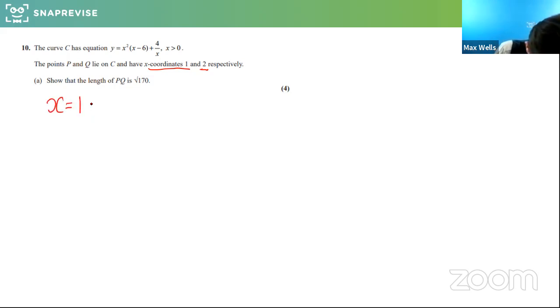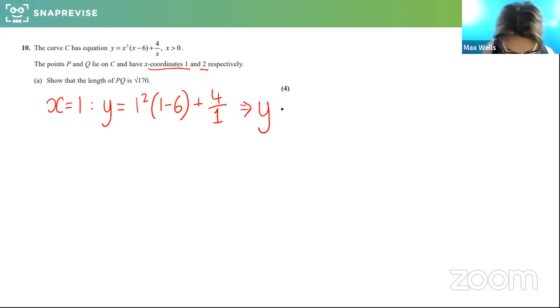So if we sub x equals 1 in, we get y equals 1 times minus 5, add 4, which is minus 1. So one of your points there straight away is 1, minus 1.